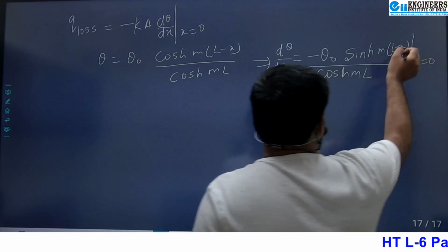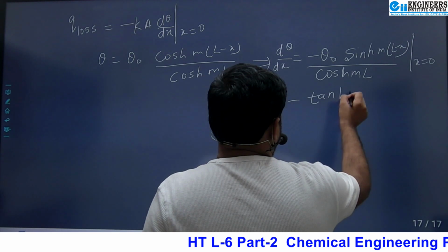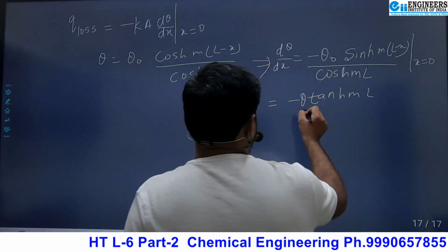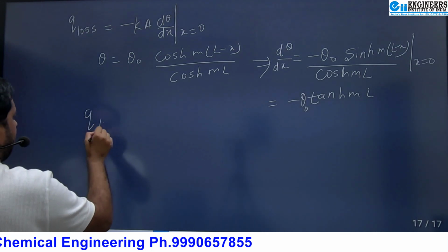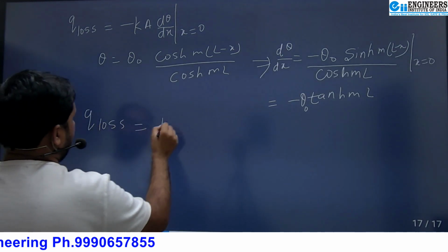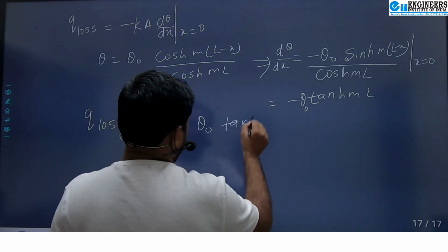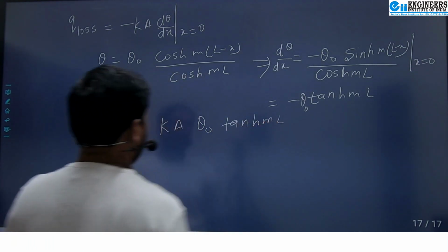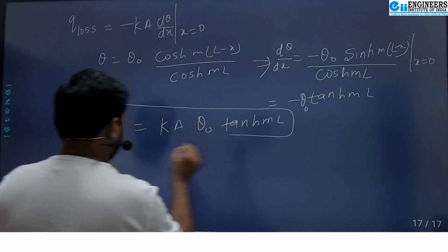When you put x equal to 0, it becomes minus m tanh mL theta naught. When you put this in this relation, then Q loss equals K A m theta naught tanh mL. This is our desired value of Q loss in case of case 3.